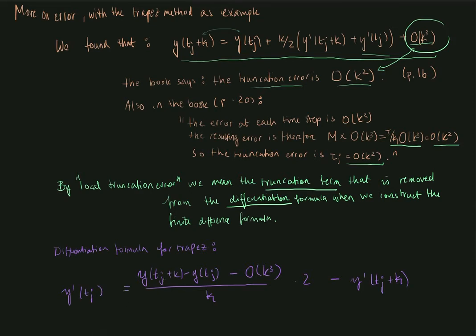And what I see here is that I have a lot of stuff going on, but in particular, I have the term big O of k to the third divided by k, which has the same order of magnitude as k squared. So this is equal to y of tj plus k minus y of tj, then multiplied by 2, and minus y prime of tj plus k, plus this thing here, a truncation term that is big O of k squared.